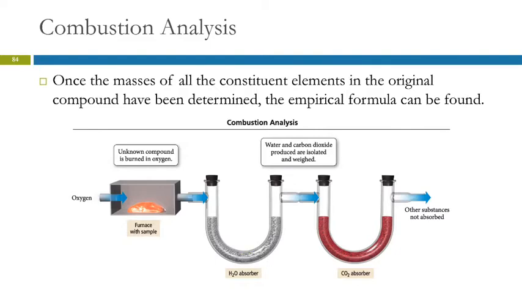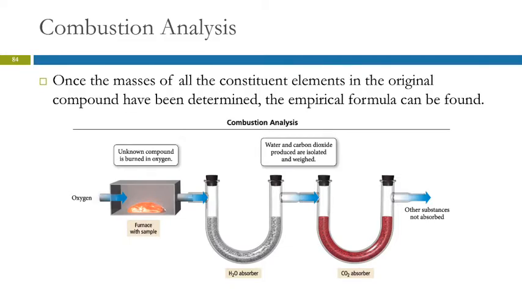So these tubes are weighed before and after, and the difference in mass of this tube is equal to the mass of water produced by burning that substance. The difference in the mass of this tube is the mass of the carbon dioxide produced.